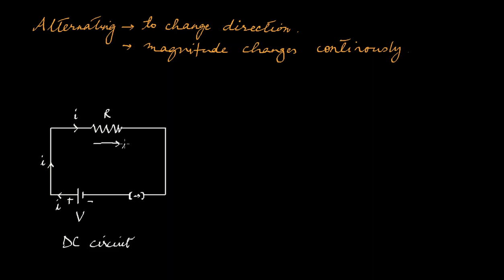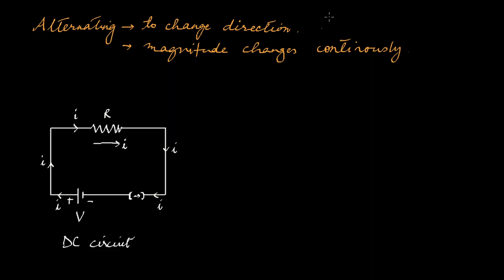The current will be flowing in that direction. So this current goes along the circuit and ends up in the negative terminal. Does the direction of this current change as it passes through the resistance? The direction of the current does not change. And what about the magnitude of this current? The magnitude is also constant.